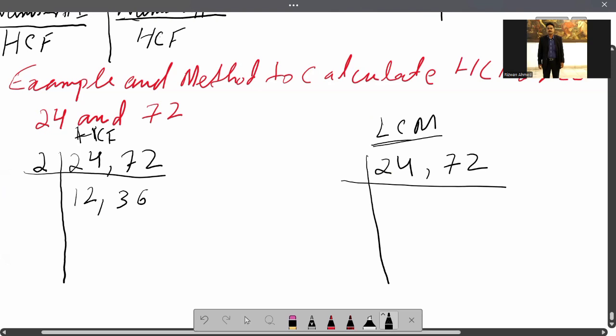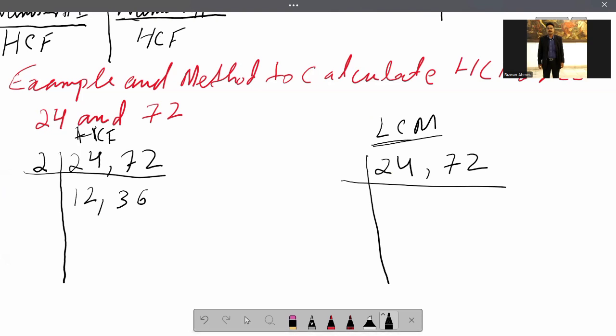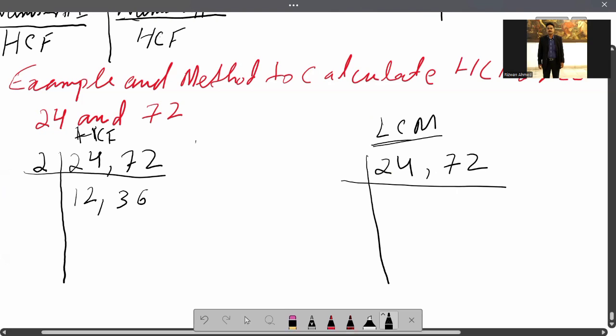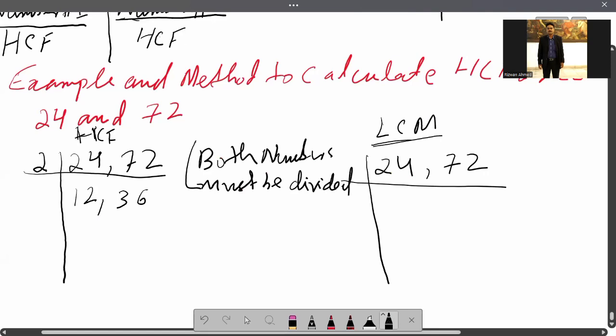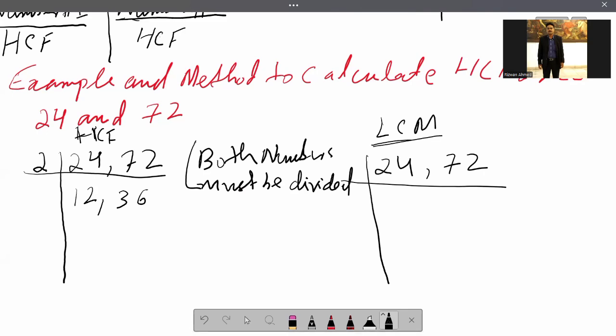For HCF, it is a must that whichever number you are using to divide, both numbers must be divided. Whenever both numbers are not divided, we stop there.